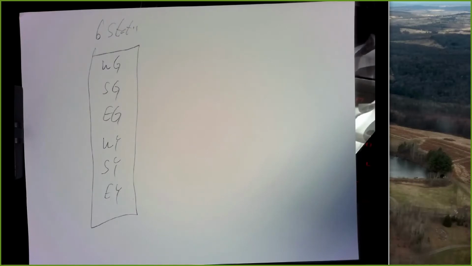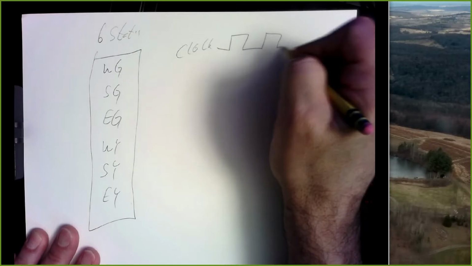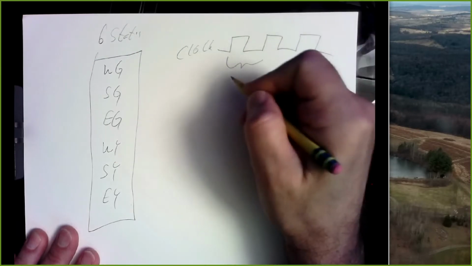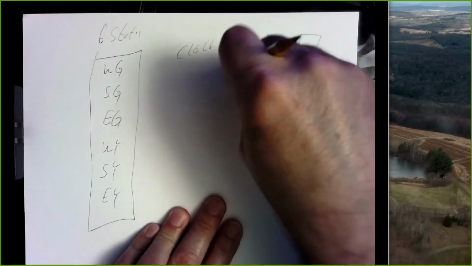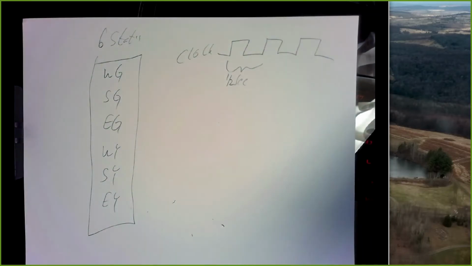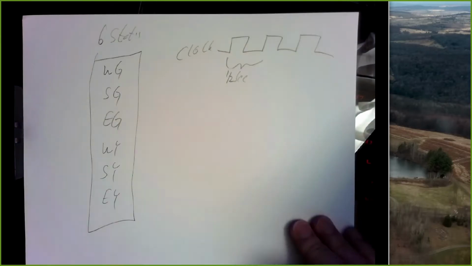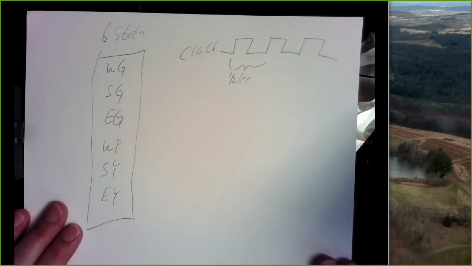So we have a clock signal, which is coming in with a 2-second period. Did I say 2 Hz? Okay, half a second. So 2 cycles per second. So the idea is, let's describe how the system moves from state to state based on these 3 car sensors.